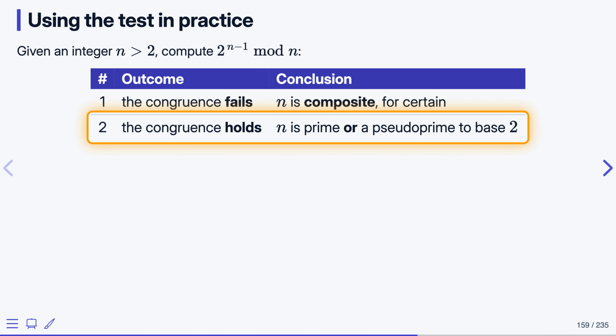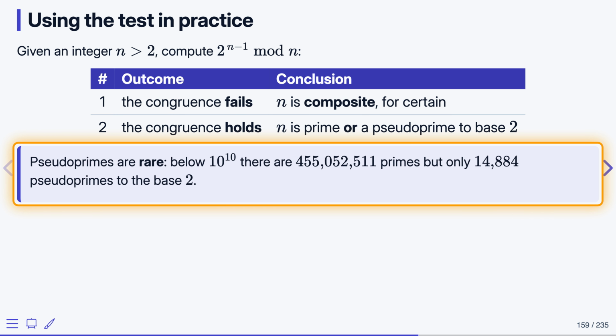The number n is either a real prime or a pseudoprime. And this is the good news. Pseudoprimes are very rare. Below 10 to the power 10, there are more than 455 million primes, but fewer than 15,000 pseudoprimes to the base 2. So passing a few tests is strong evidence.